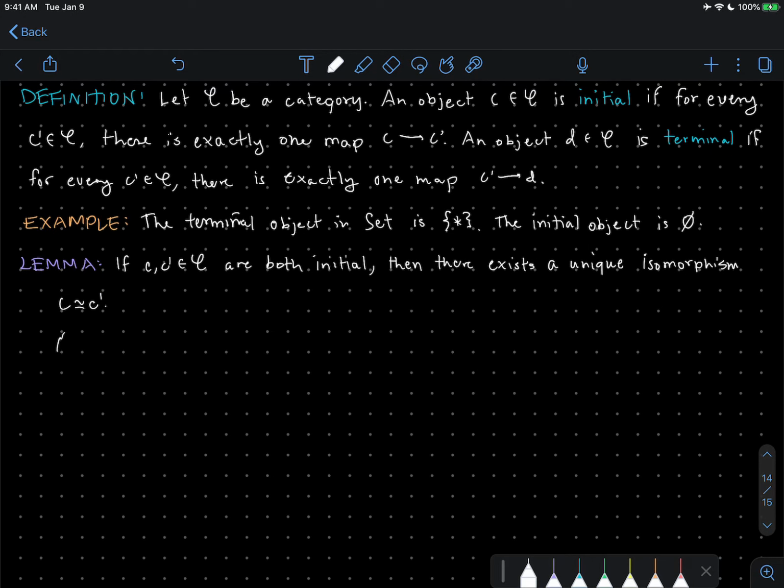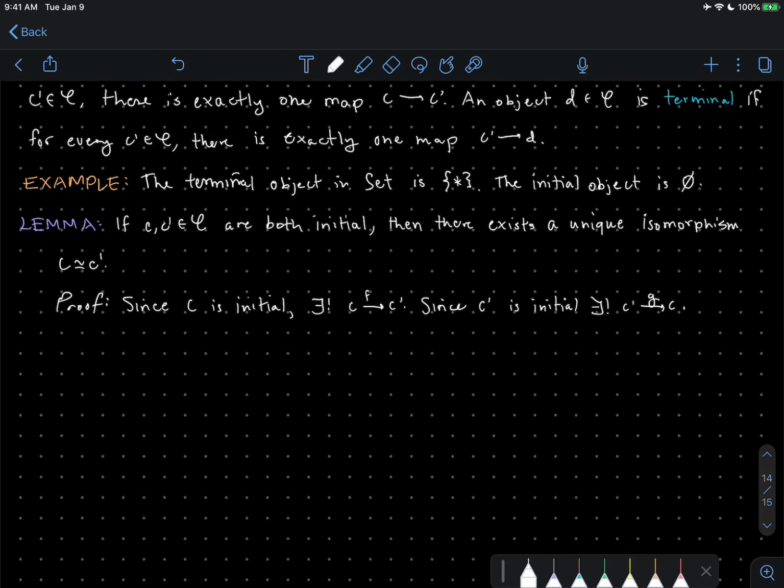And the proof is very straightforward, but also indicative of what to do in other situations. Since c is initial, there exists a unique map from c to c prime. Let's call this f. Since c prime is initial, there exists a unique map from c prime to c. Let's call this g.